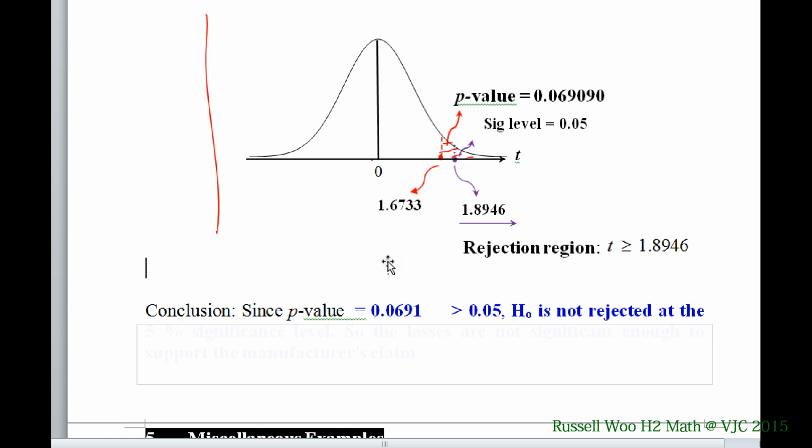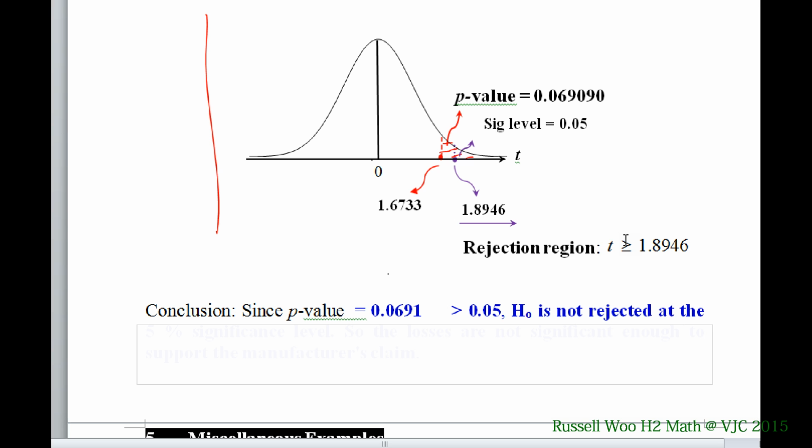Since the p-value is greater than 0.05, that means it's not so rare after all. Since the p-value is not so small after all, the area is not quite big, therefore H0 is not rejected.